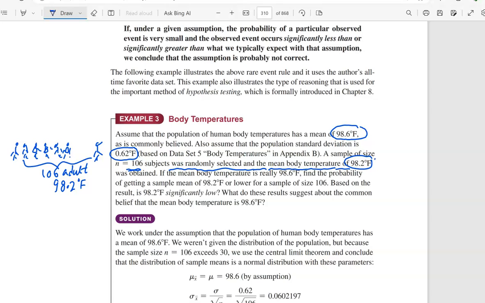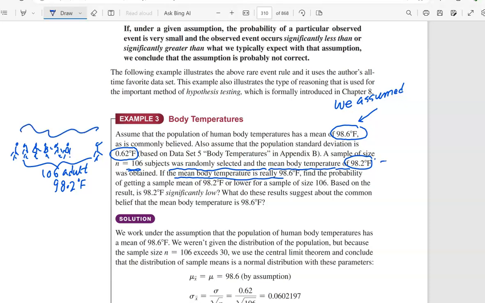Okay. So the question is, we believe the mean body temperature is really 98.6. We assumed body temperature is 98.6, but we take 106 people and we measure their temperature.